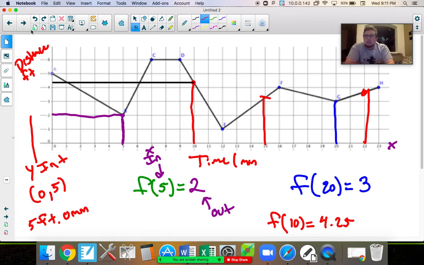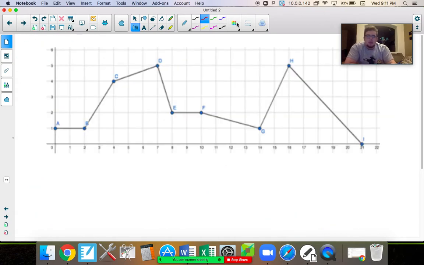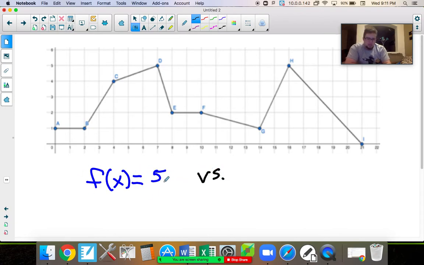For our last graph here, I want to talk about problems that look like this. f of x is equal to 5. I want to look at the difference between this problem and one from the previous slide. Look at the difference.